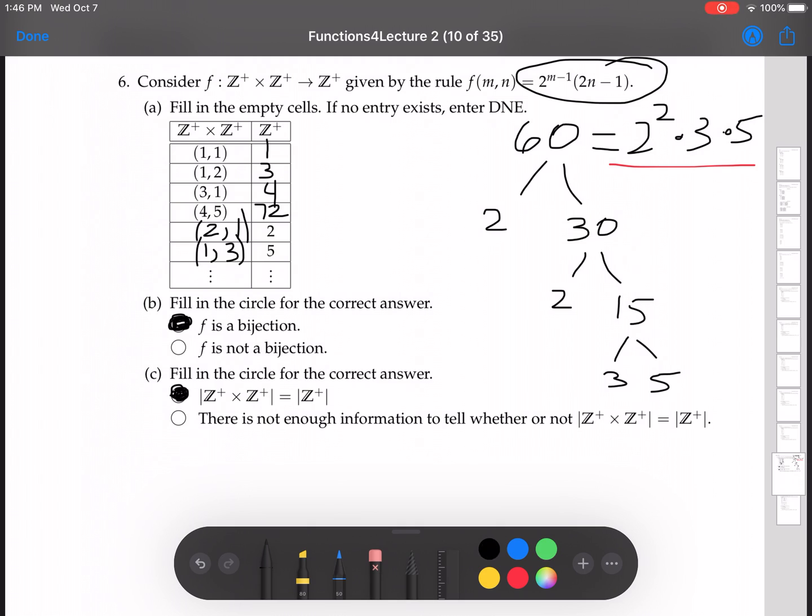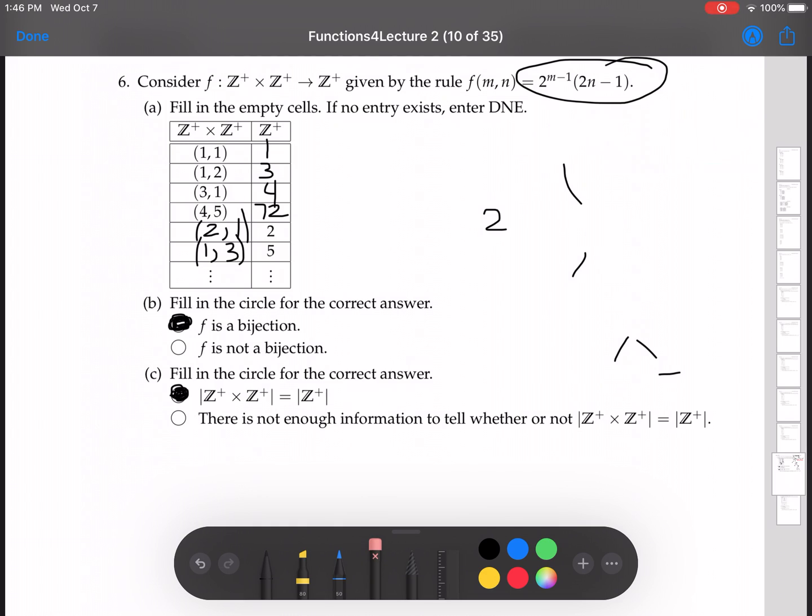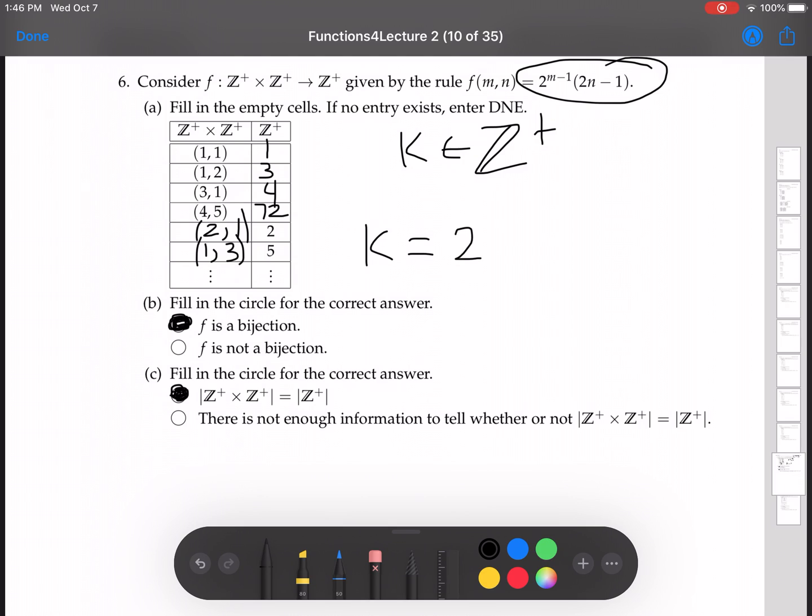Okay. So with that in mind, let's take an arbitrary positive integer. Let's say k is an arbitrary positive integer. Now we can write k as a product of primes. So this is 2 to the a, so the power is a, some power.